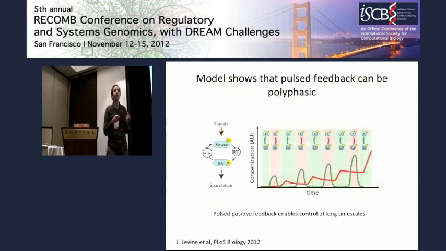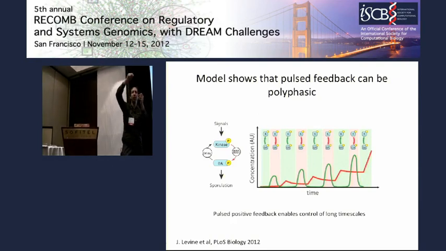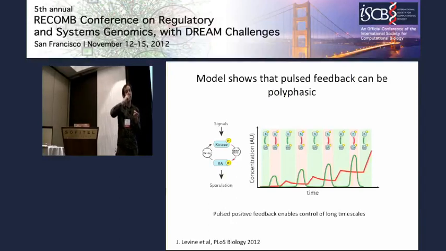Then we tried to understand how this can work. Here's the idea. We think the circuit is working in what we're calling a polyphasic feedback regime. The idea is that this feedback loop has 2 arms, and they're not active at the same time. They're alternating. During a pulse, the kinase is actively phosphorylating the master regulator.